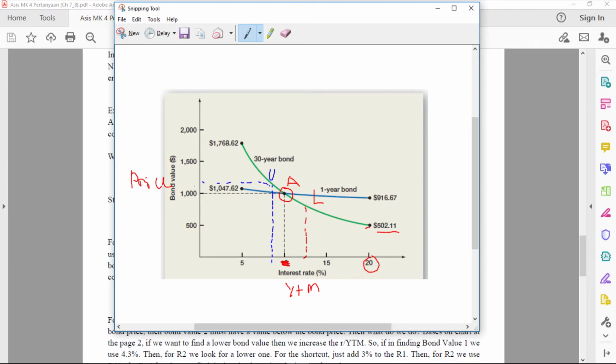This one, let's say it is on $1,200. This is the bond value, and then this one, oh, I forgot about the interest.